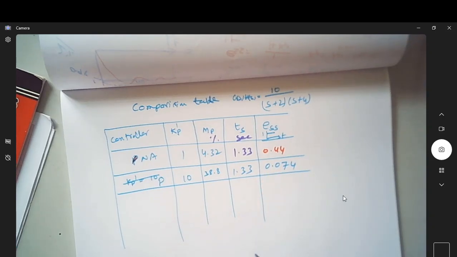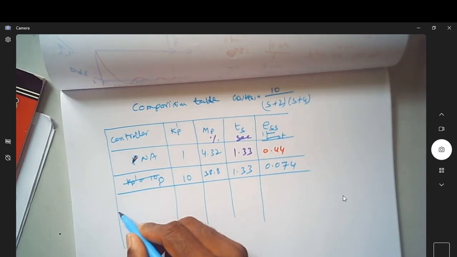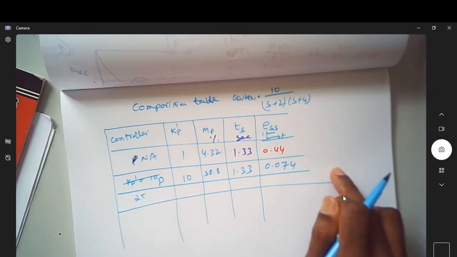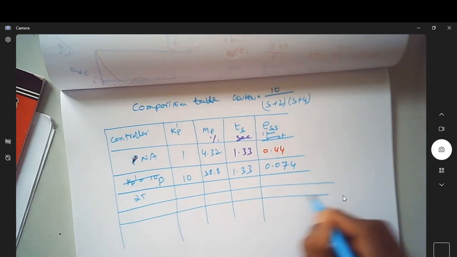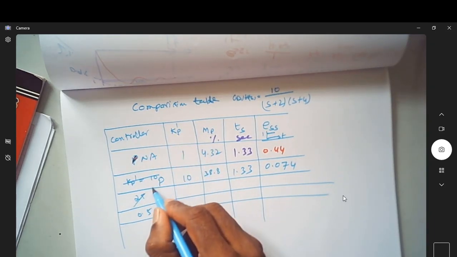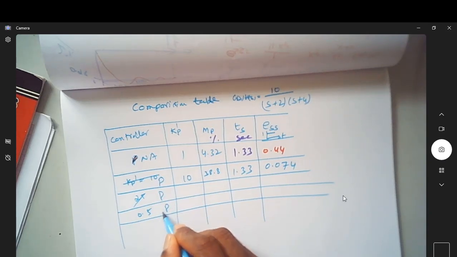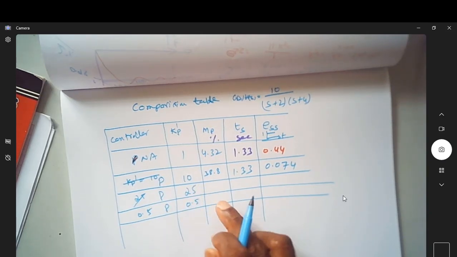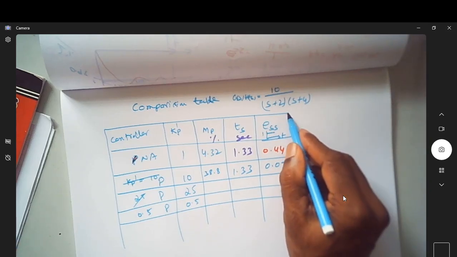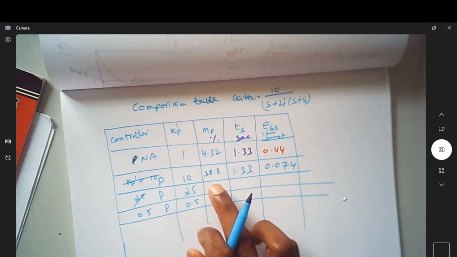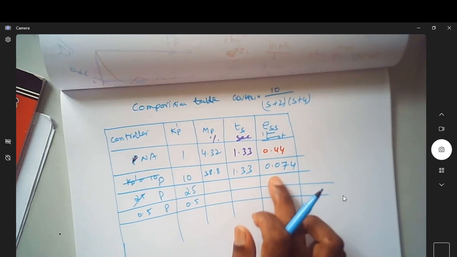Maybe you can try this for a different value of Kp. Maybe you can try it for 25, see what happens. Maybe you can also try it out for 0.5. Take this Kp dash as 25 and as 0.5, and find out what is Mp, Ts and Ess.